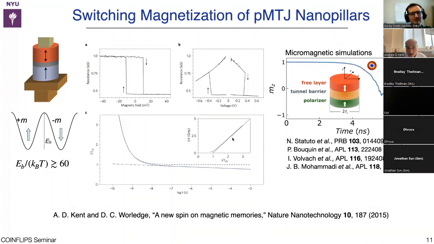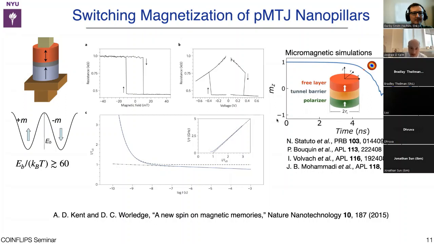And that's telling you that the current times the time minus some constant is what's conserved. That is, you have to put a certain number of charges through the device in order to get it to switch. And this is the line we want to operate on. We want to get to the point where the junction is half the time going to stay in the original state, and half the time it's going to switch.